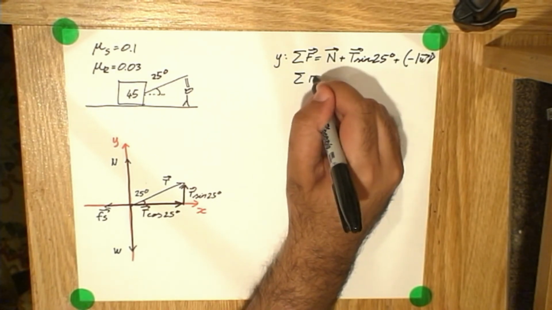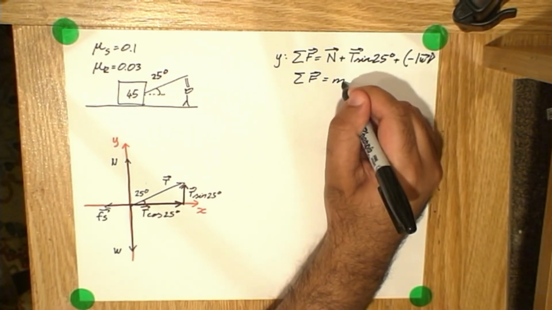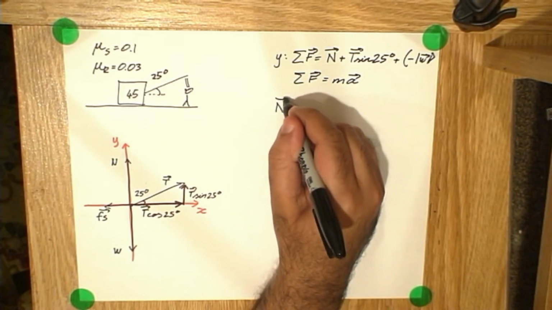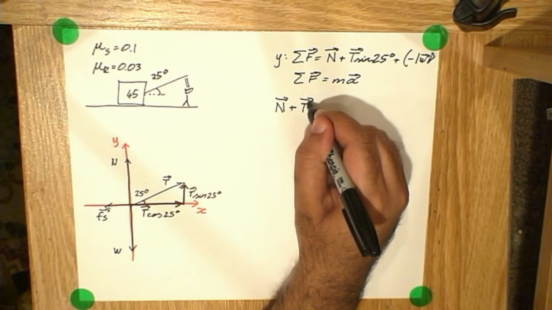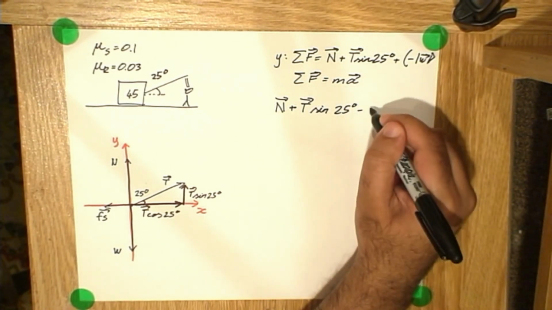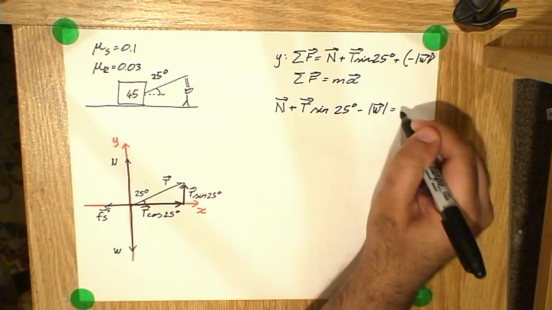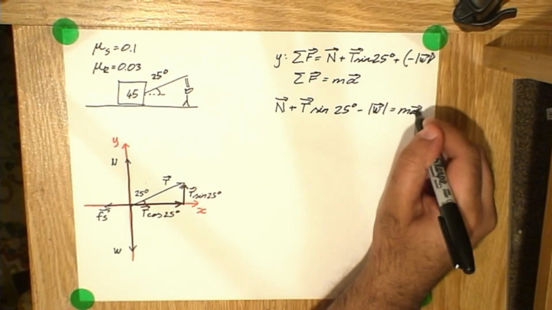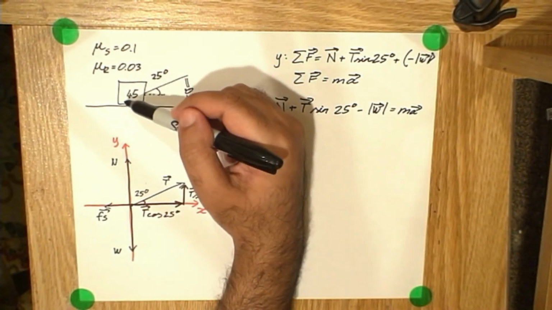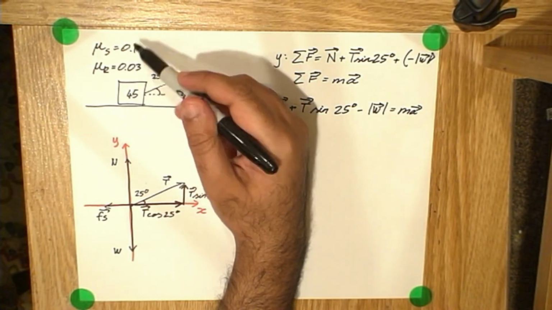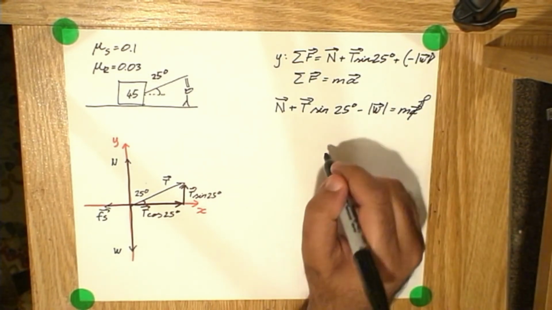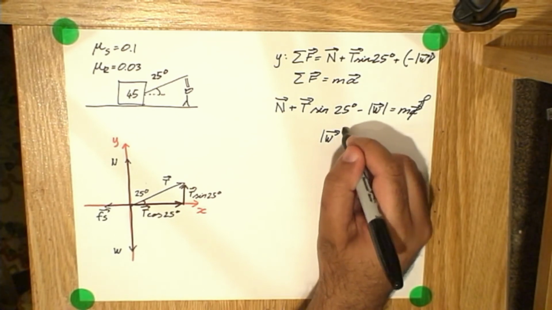But total force is also equal to mass times acceleration. So that means that normal force plus tension sine 25 degrees minus the weight force is equal to mass times acceleration. Now, this object is not going to be moving in the y direction. It's not collapsing into the ramp, and it's not levitating off the ramp. The acceleration is 0.